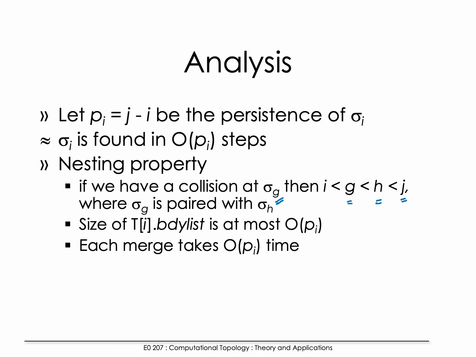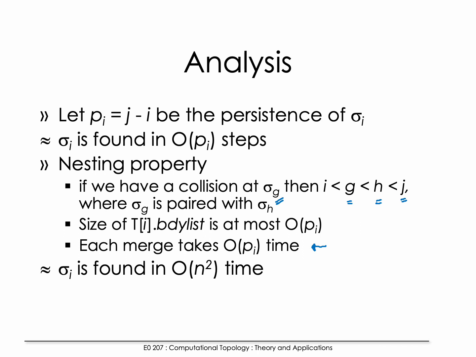So naturally the merge does not take more than p sub i time, right? So this is just a simple merge, so it doesn't take more than p sub i time. So even if you are conservative and say that the merge takes O of p sub i time, we know that sigma sub i can be found in n square time. This is again being conservative and saying that p sub i is O of n.